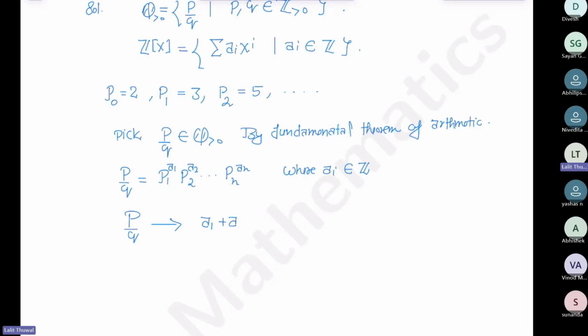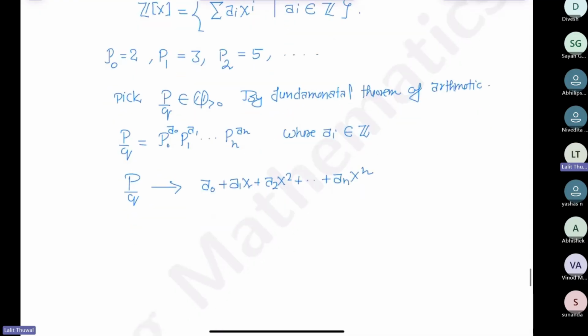So P2. I am doing this for consistency. So this will map to A0, A1x, A2x squared, and all the way up to this.